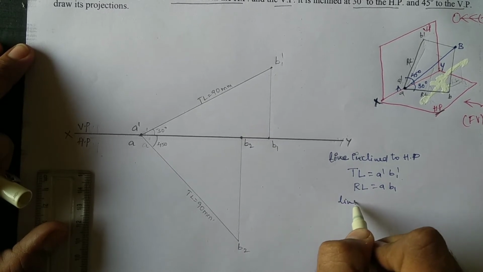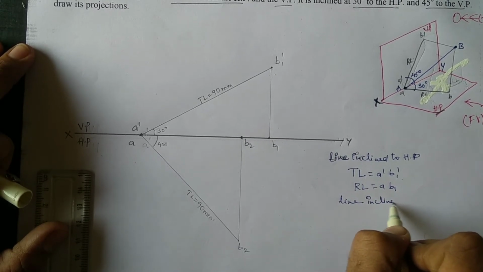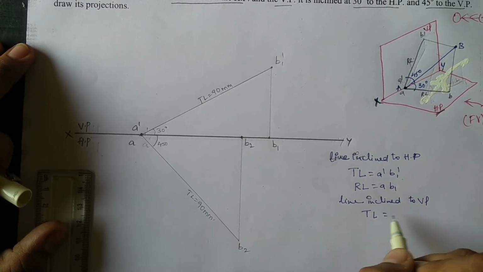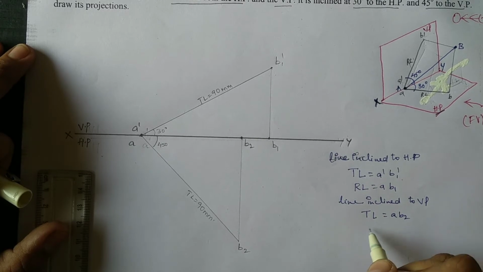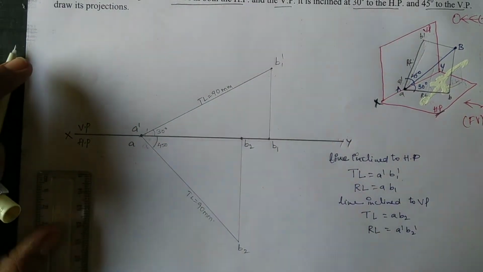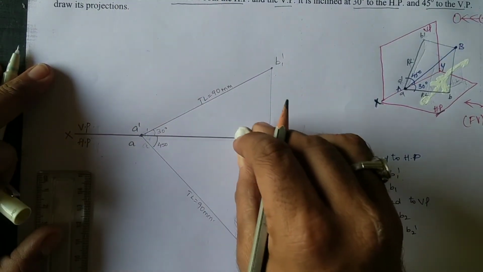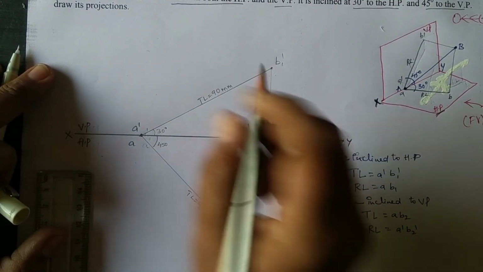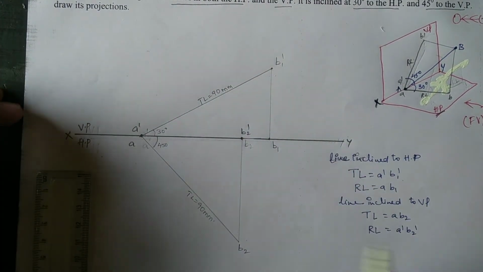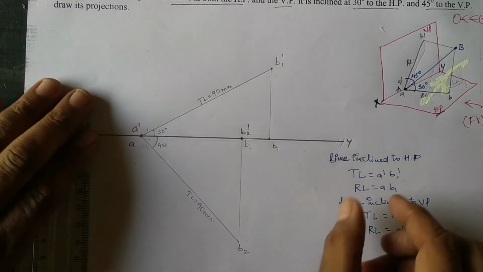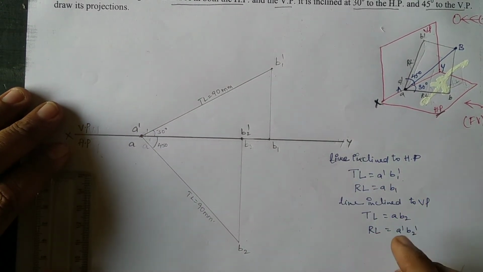And line inclined to VP: the true length is A, B2 and the reduced length is A dash, B2 dash. This is B2 dash, I forgot to mention. A dash, B2 dash.